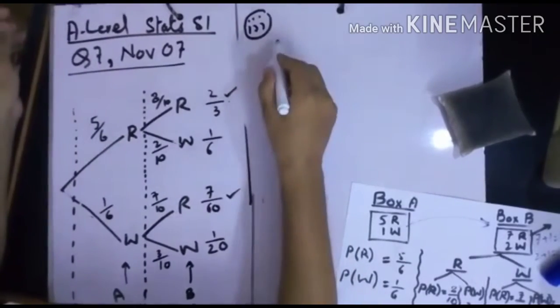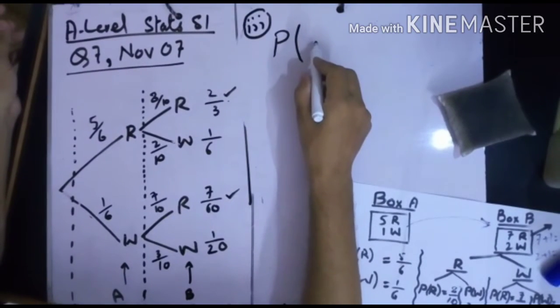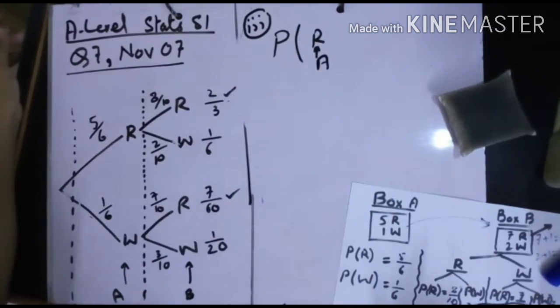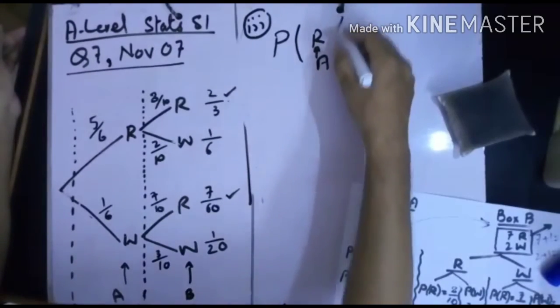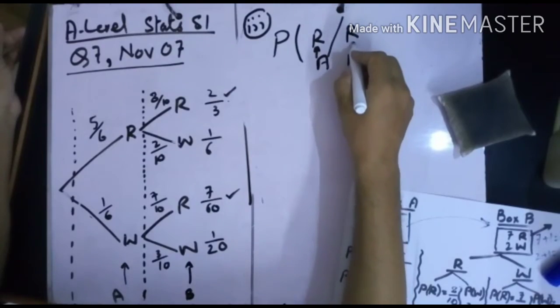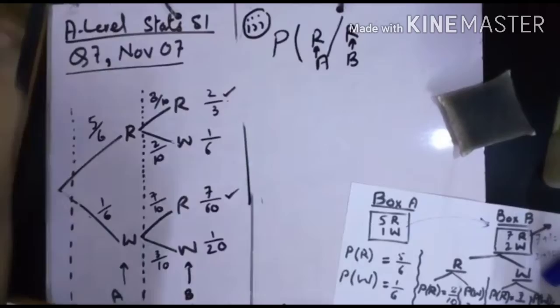We have to find the probability of red from A, given that the paper clip taken from box B is red.